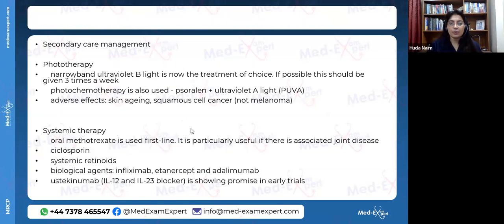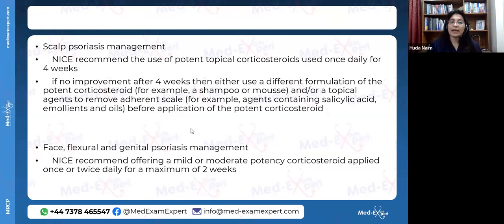Very important. And which is the biological agent that you can use? It's infliximab, etanercept, adalimumab. You have to remember all of them because they usually ask on the exam. Then how would you manage scalp psoriasis, and face, flexural and genital psoriasis? You have to use mild or moderate potency corticosteroids.